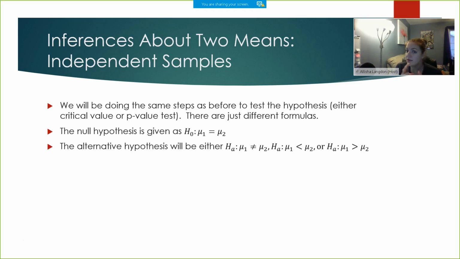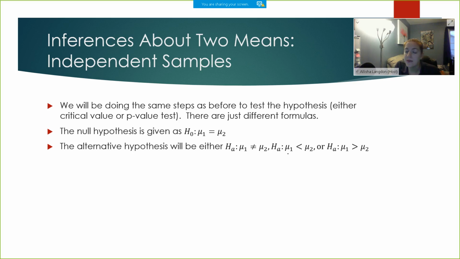Now the alternative hypothesis, you can still have H1 or HA, but remember, we're not going to be having any numbers. Instead, depending on what your claim is, whether it's less than, greater than, or not equal to, you're going to have different results.